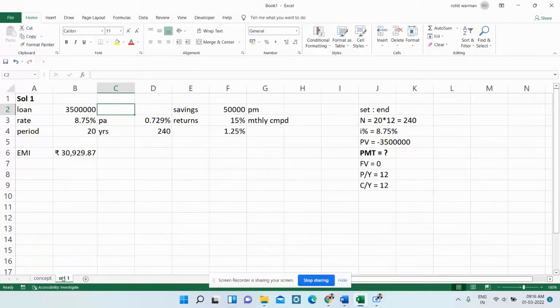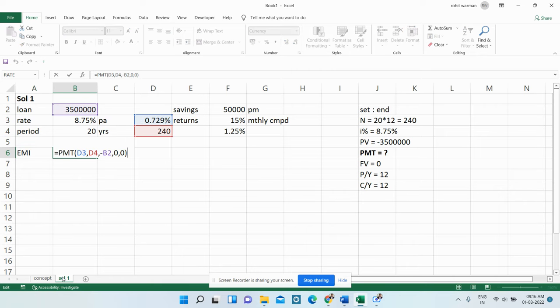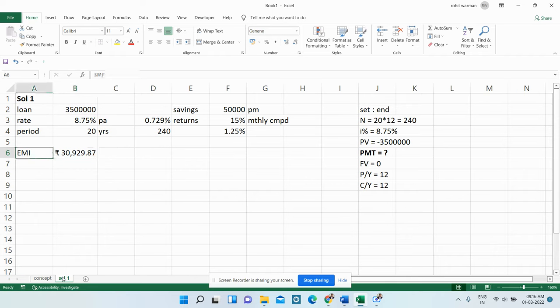I'll go with the first solution. So what we have is the EMI. Next, I'll go first with the Excel approach, and we need the month, loan in beginning, or you can say this is your opening balance.